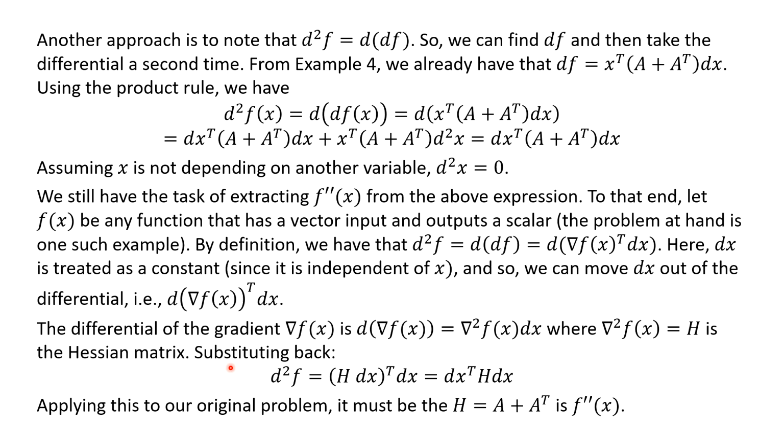So this is a general formula for functions that map from R^n to R. The second differential has this format here. So if you can use some other methodology to get your second differential into this format, then you can just read off the second derivative, which is what we've done here.